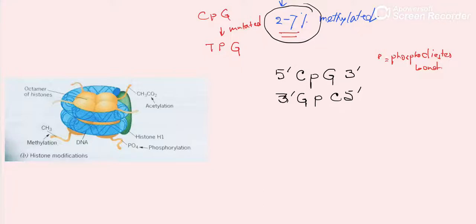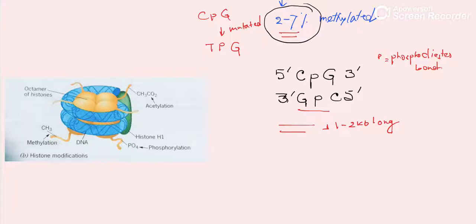These CpG segments are usually not much more than 1 to 2 kb long, and they are very small.